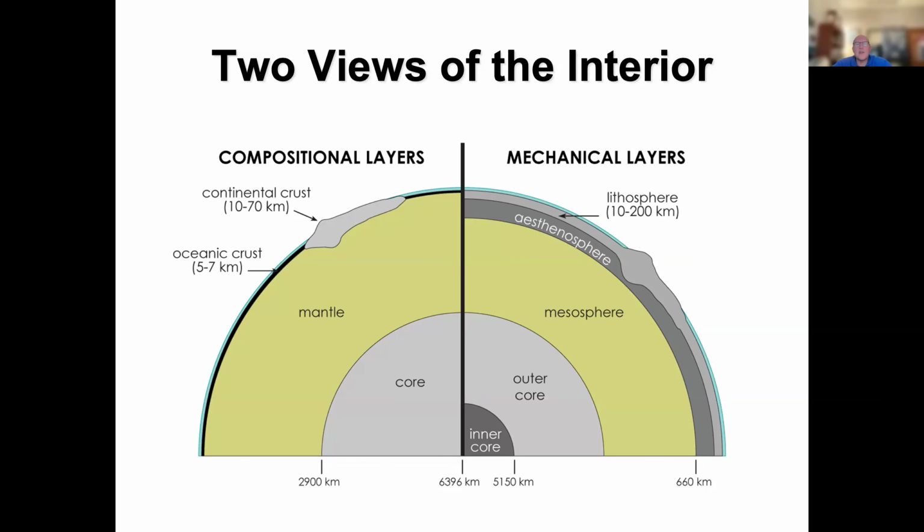But if we divide the Earth into more mechanical layers, then we use some slightly different terms like lithosphere and asthenosphere, and those are based on those mechanical or physical properties. The lithosphere is one of those words I'll probably use a lot tonight. It's composed of both the crust and a portion of the upper mantle, and those units together behave as a brittle, rigid solid.